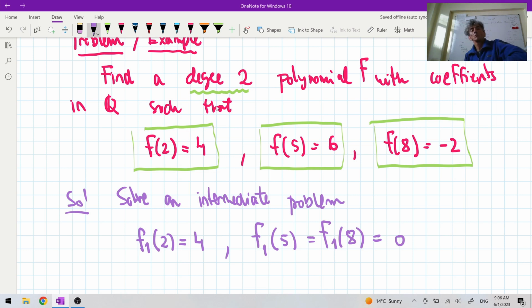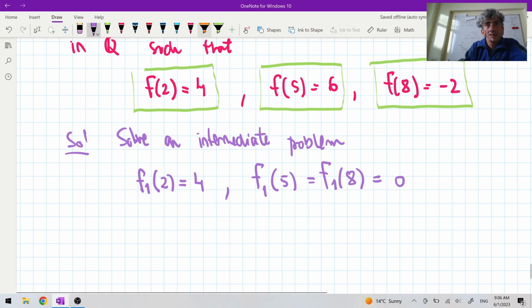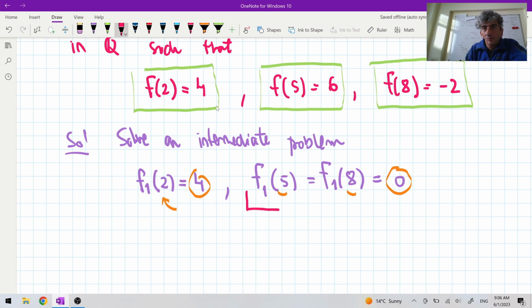So we're gonna find a polynomial which is simpler than the one that we were looking for originally. So we need to build a polynomial which has 5 and 8 as roots, and when we plug in 2, we get 4. This, we know how to do.